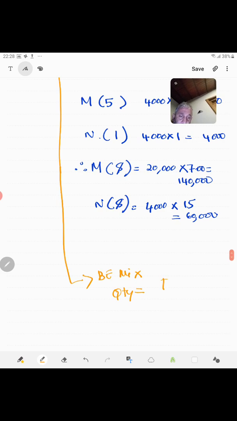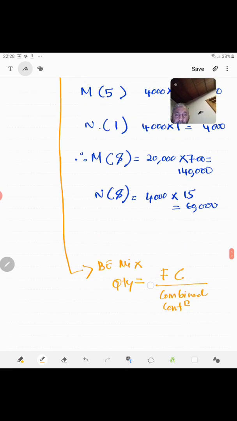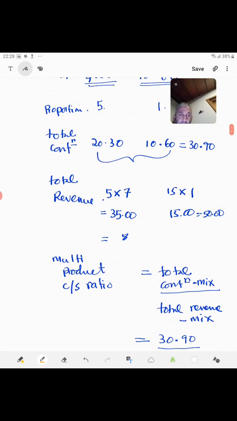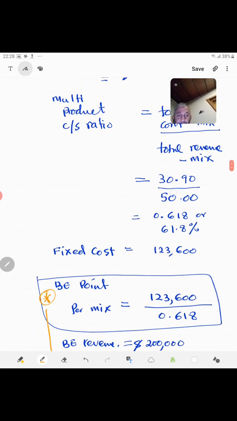For that, we take the fixed cost of the company and divide it by the combined contribution, which we have calculated here as 30.9.